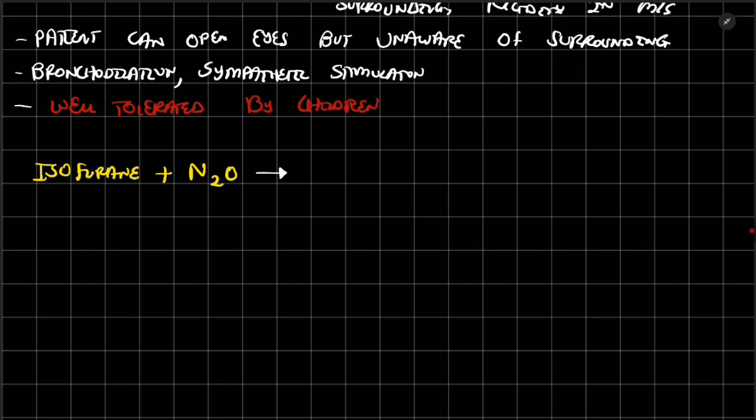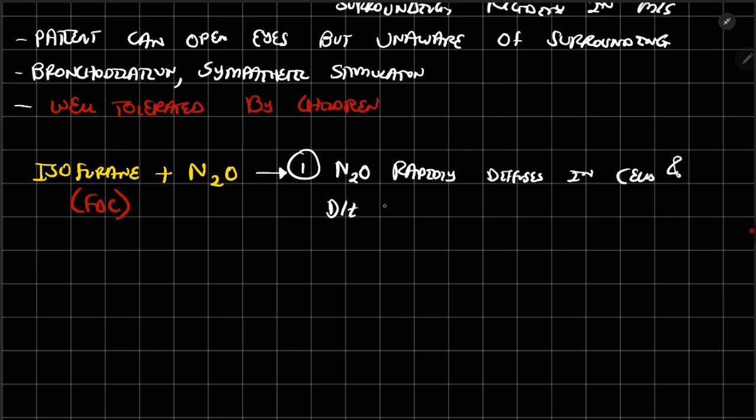Now isoflurane and N2O are given as a fixed dose combination, FDC. Now why are they given as an FDC? Number one reason: N2O is a gas, so N2O rapidly diffuses in cells, and due to this isoflurane also diffuses rapidly.